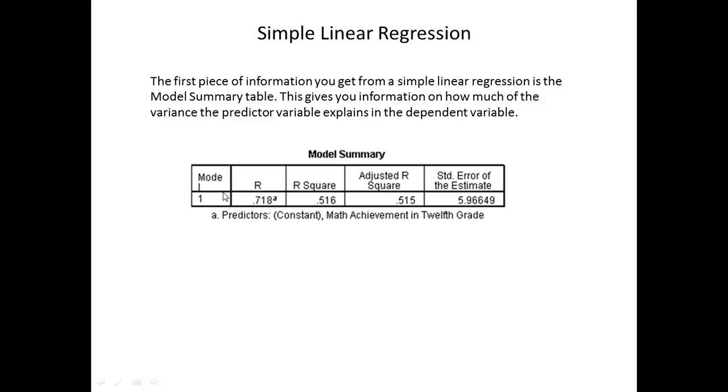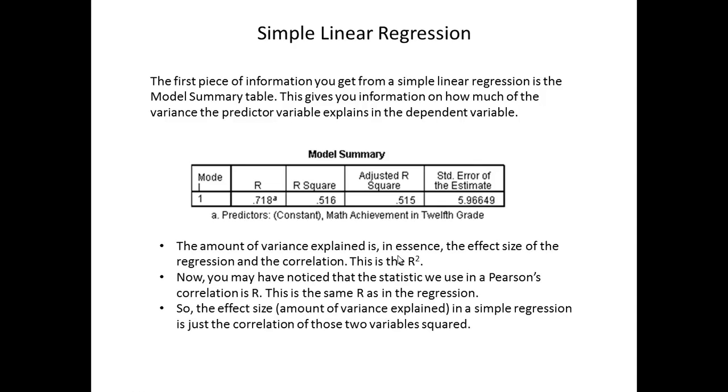So our correlation, these two are very well correlated, and as far as its predictive value, in other words, how well one score can predict the math score, the science predicts the math, it's 0.516. So there's obviously some other things that are at play here. The amount of variance explained is the R squared.